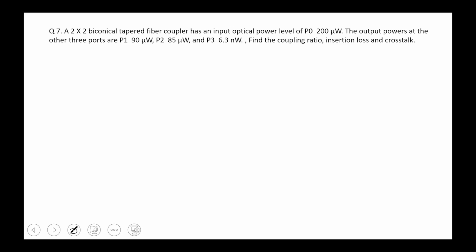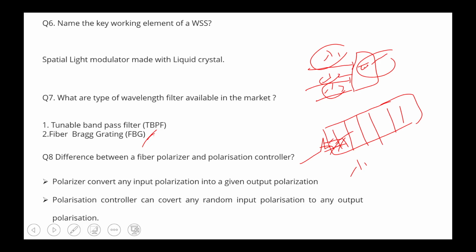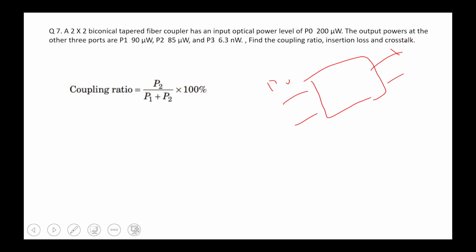Yes. You are given P1 and P2 and P out. So the coupling ratio is given by the formula P2 upon P1 plus P2, into 100%.